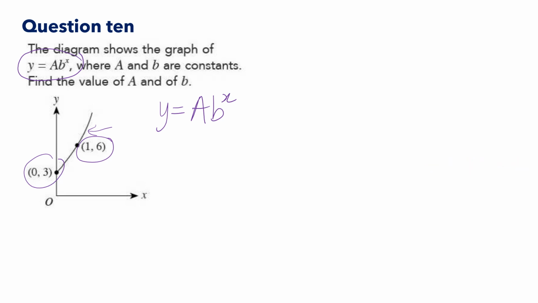Because basically here we need to find two unknowns, a and b. So these are the two unknowns we need to find, and we're given the values of x and y in terms of point forms. So there are two given points there. All we need to do is just substitute these points into the exponential functions as given.